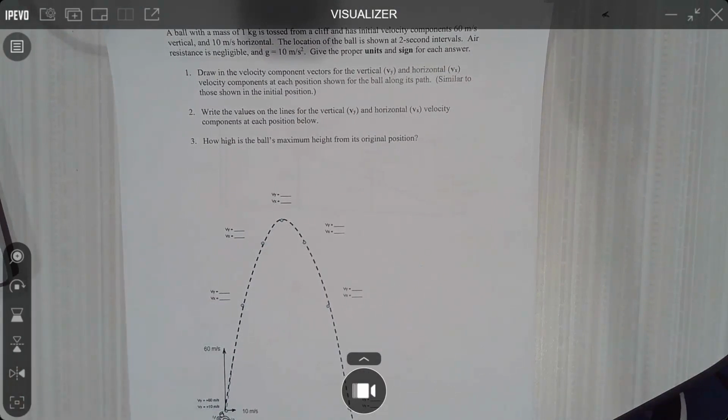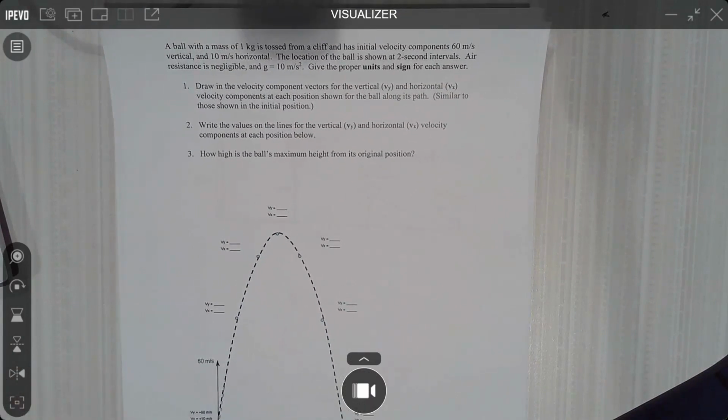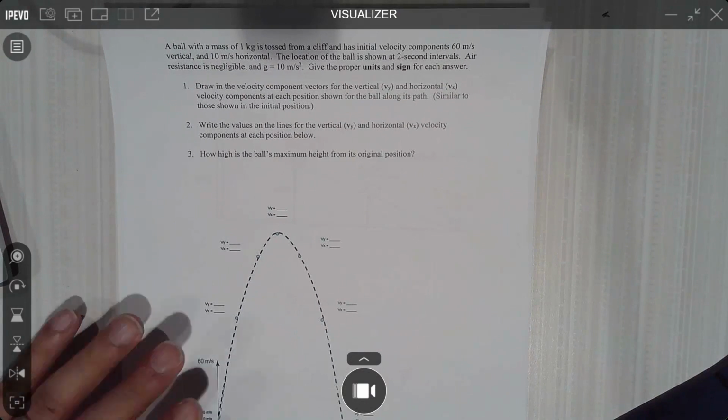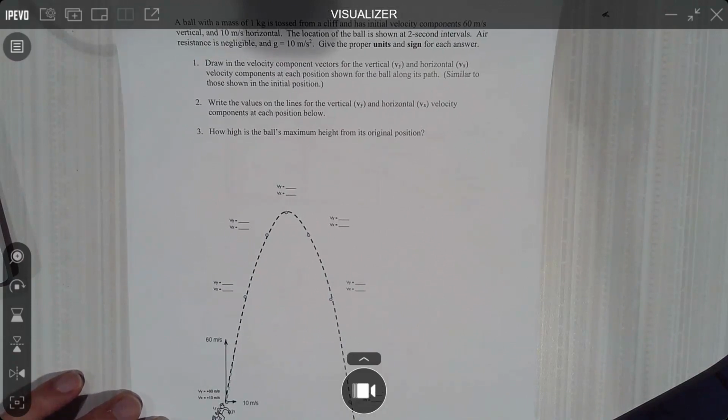Here we have a ball with a mass of 1 kilogram tossed from a cliff with an initial velocity component of 60 meters per second, which is vertical. The horizontal velocity is 10 meters per second.